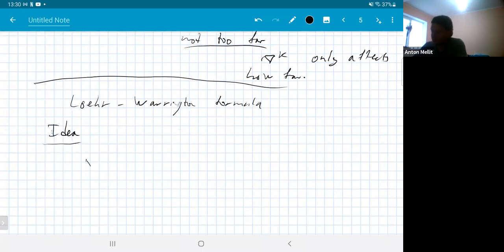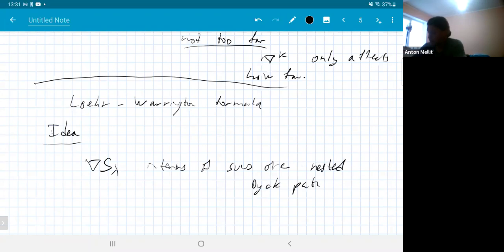The formula is supposed to tell you what Nabla of S lambda is, in terms of sums over nested Dyck paths. So a monomial expansion of Nabla of S in terms of a sum of nested Dyck paths.